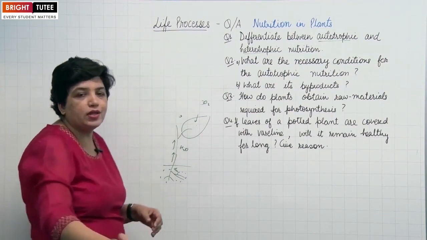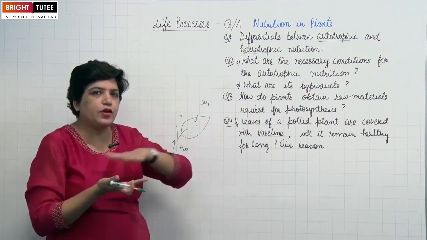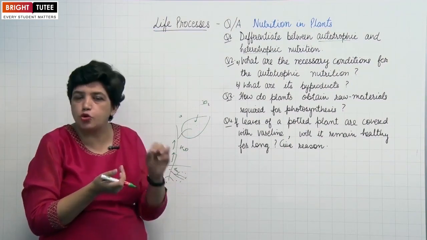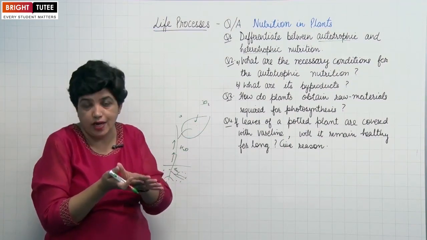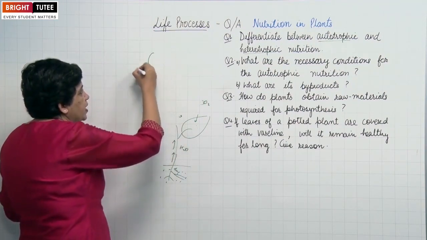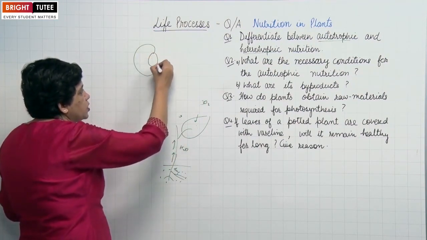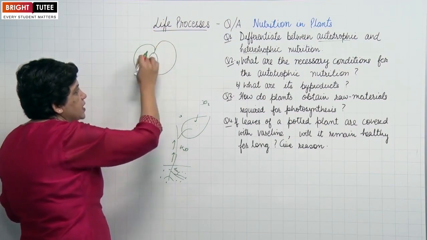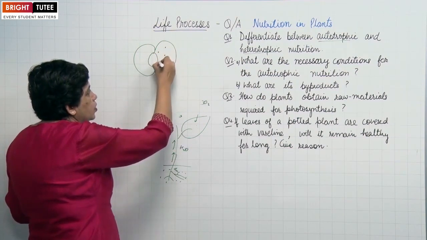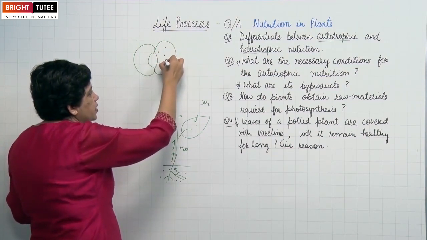So, if you cover the leaf with a Vaseline layer or any other waxy layer, what will happen? The tiny pores called the stomata will get blocked, right? So, first let me draw the structure of stomata. Stomata are actually pores which are surrounded by two guard cells. These are two guard cells. These guard cells contain chlorophyll as well as the nucleus.